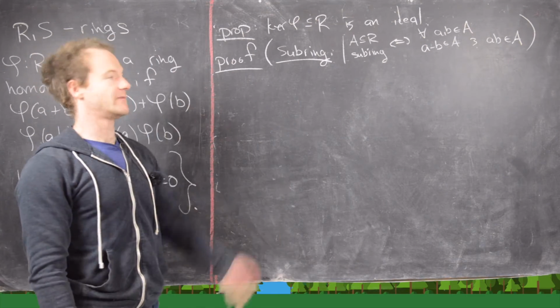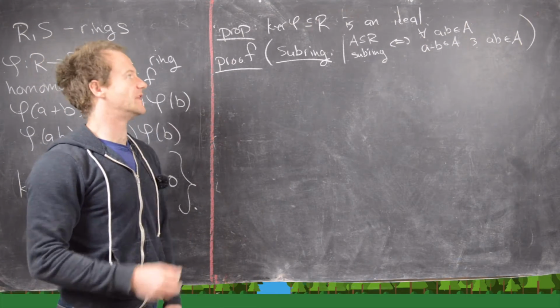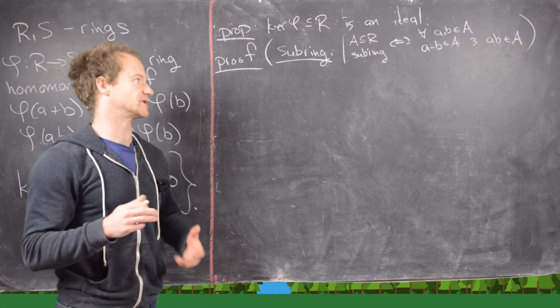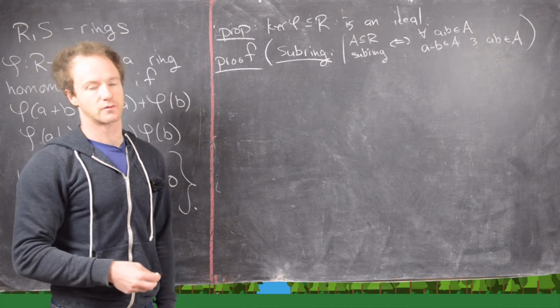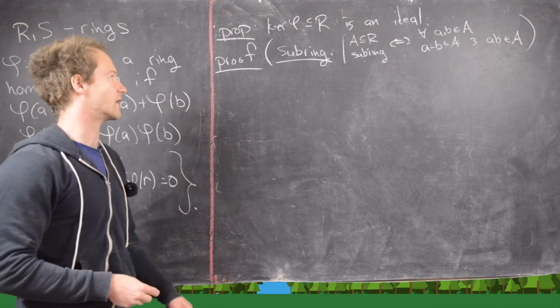Obviously that's the subring test. The definition of a subring is a little bit different than that. You know, it is a subset which is a ring itself, but it follows from that over there.